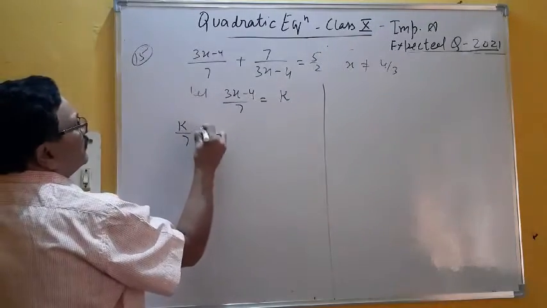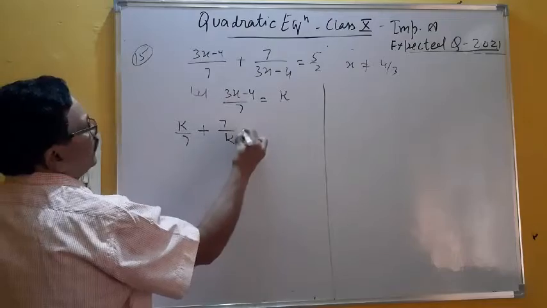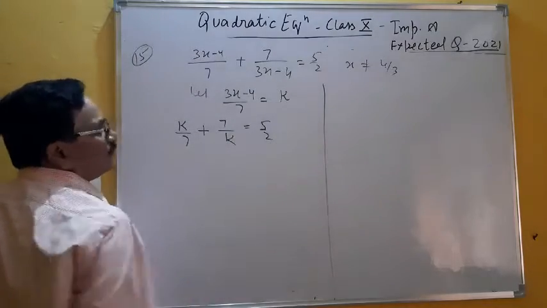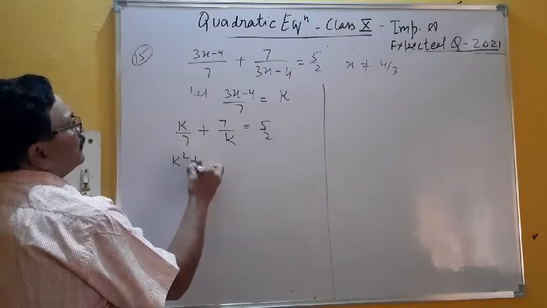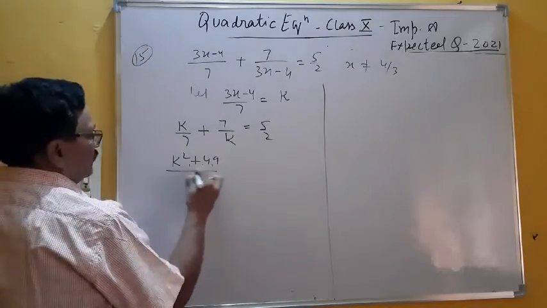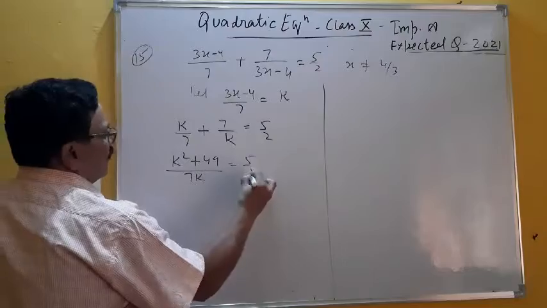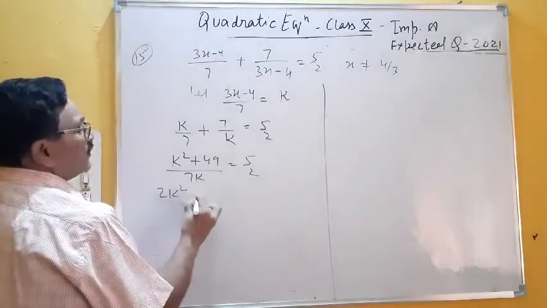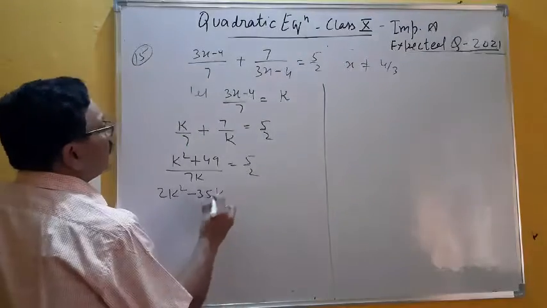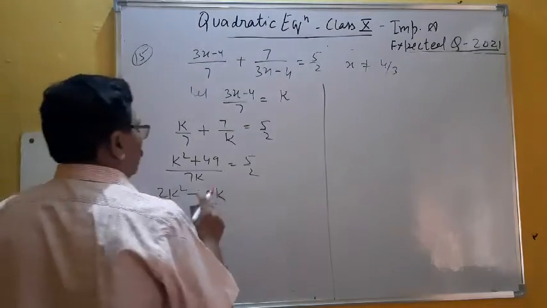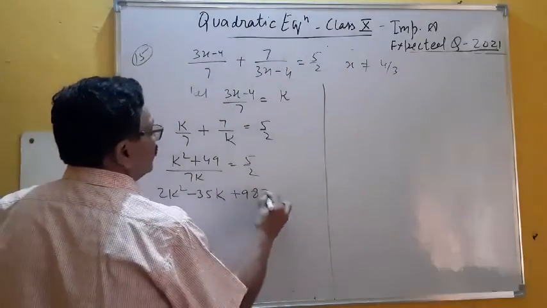k upon 7 plus 7 upon k equal to 5 upon 2. Taking the LCM, you will get k square plus 49 upon 7k is equal to 5 upon 2. Now 2k square plus 98 equal to 35k, so 2k square minus 35k plus 98 equal to 0.